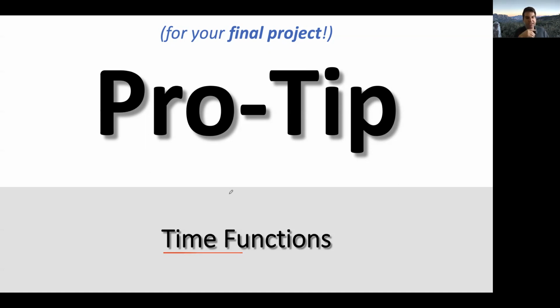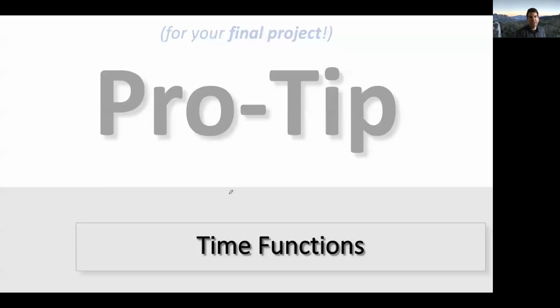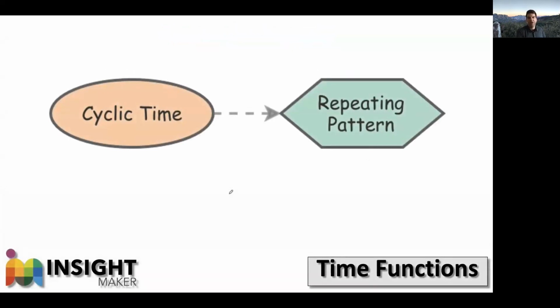If I were to simulate 10 years of a model, how do I implement a summer that happens once every year? How do I get this repeating pattern of high temperatures, for example? You can do that with the time functions within Vensim and Insight Maker.